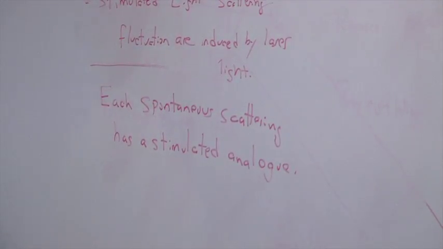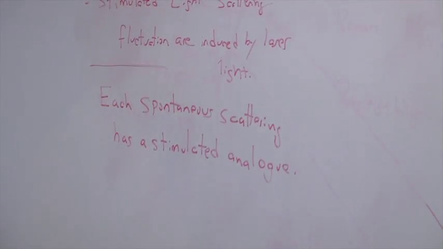That means we could easily spend the rest of the semester talking about stimulated light scattering, because Raman, Brillouin, Rayleigh, Wing, all of them have a stimulated analog. We could go through the theory of that.